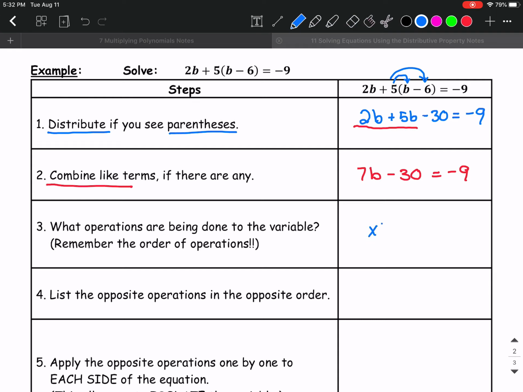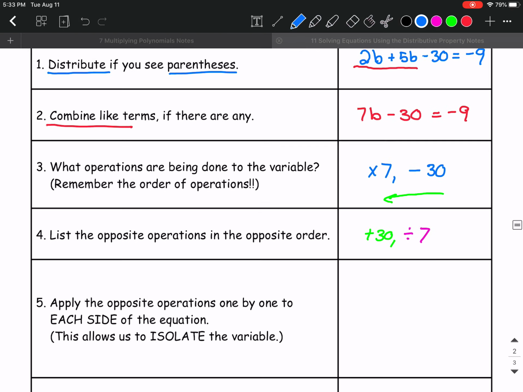First, we would multiply by 7, then we would subtract 30. In order to solve, we have to do the opposite operations in the opposite order. So the opposite of subtracting 30 is adding 30, and the opposite of multiplying by 7 is dividing by 7.